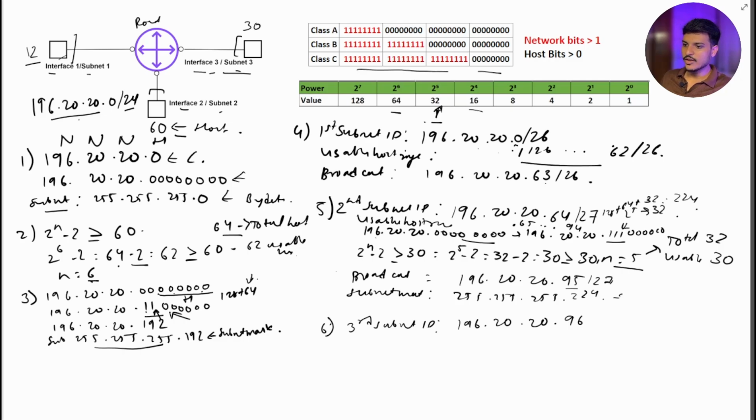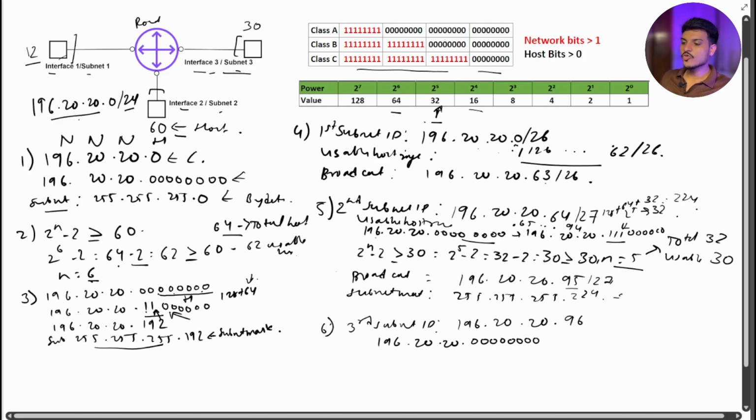How many hosts do we want? We want 12. So now we will write the bits that are given to network as they are and the bits that are given to host all as 0. So we will write 196.20.20.8 times 0. The requirement was for 12 hosts, so we have to use again this formula, 2 raised to n minus 2, which should be greater than or equal to 12.